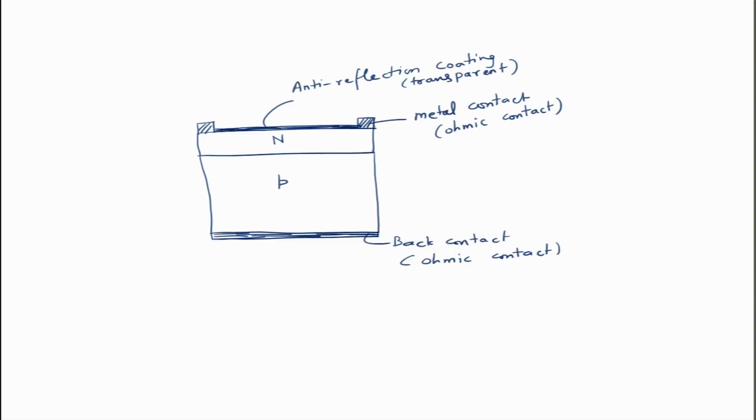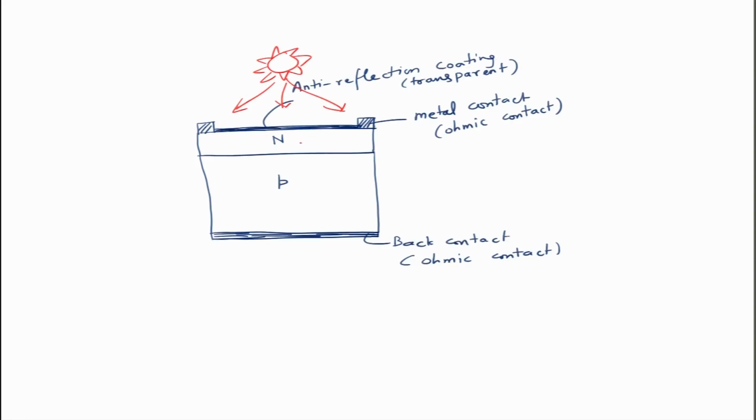And then as the sun shines on it, the radiation falls over it, you create electron hole pairs in the semiconductor.